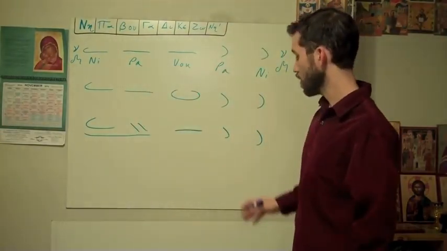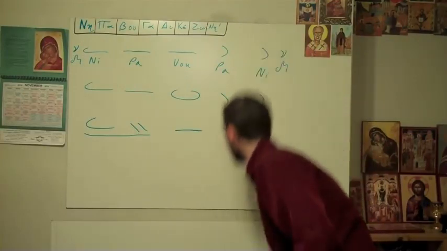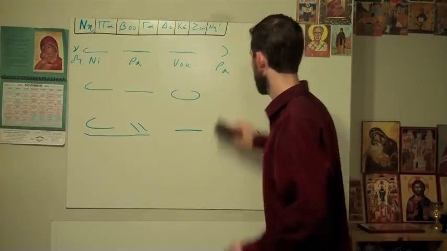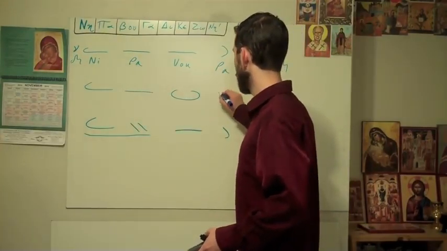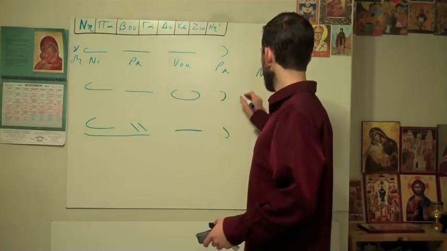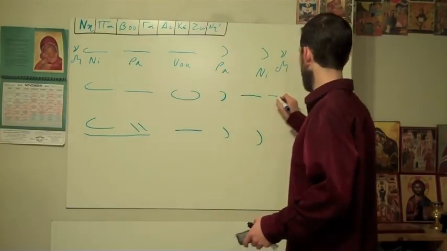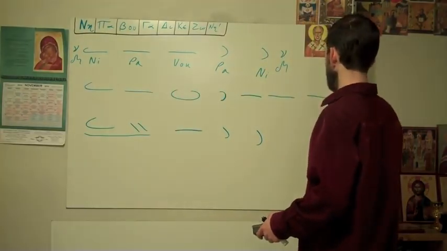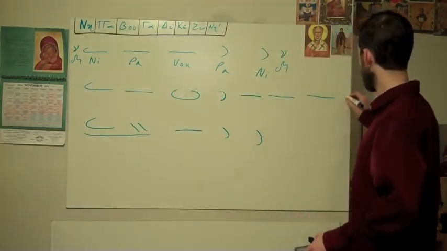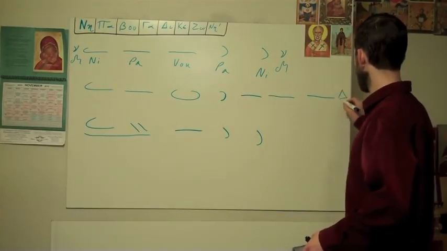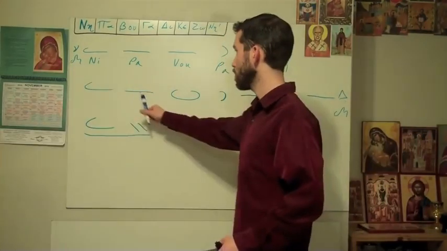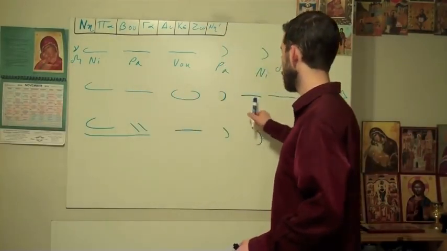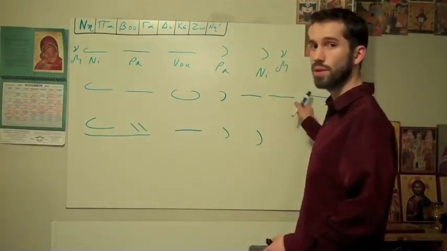Now as we're going there, if we were to change this such that we go ni, pa, vu, pa, vu, ga, di, we'd put a new symbol over here to tell us we're in the diatonic scale. And so then, ni, pa, vu, ga, di.